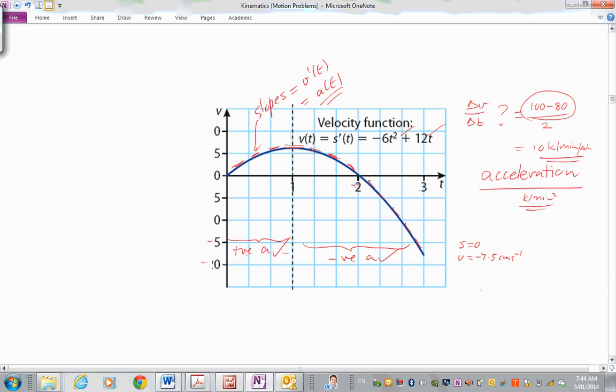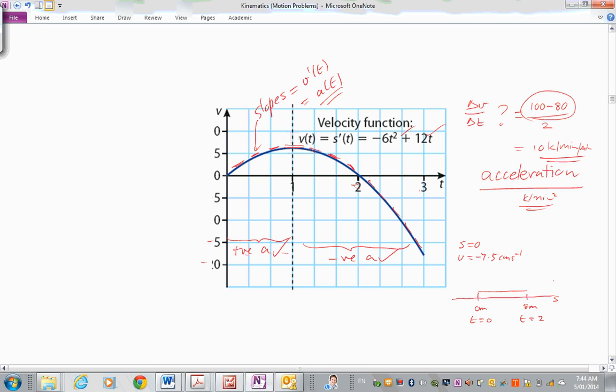What did it do? Let's go back and do it again. It was going out, it went out to 8. This is S, so this is 8 metres, 0 metres. This is T is 0. This is T is 2.